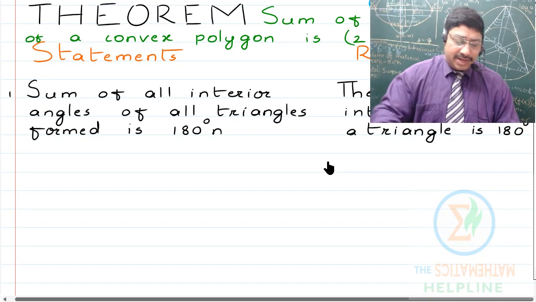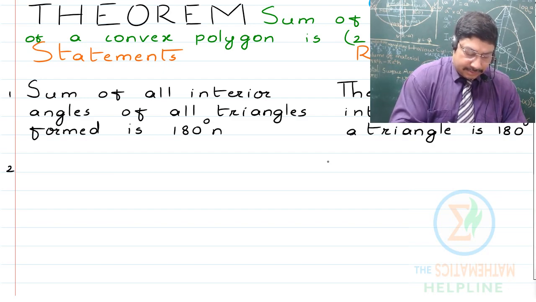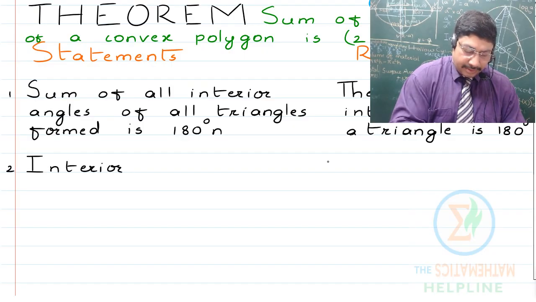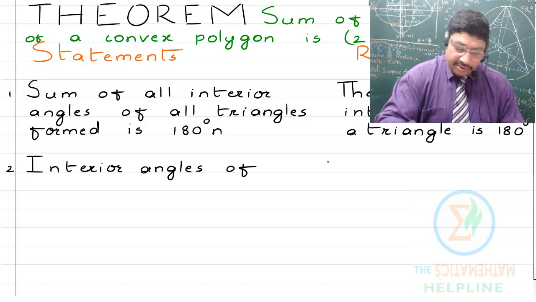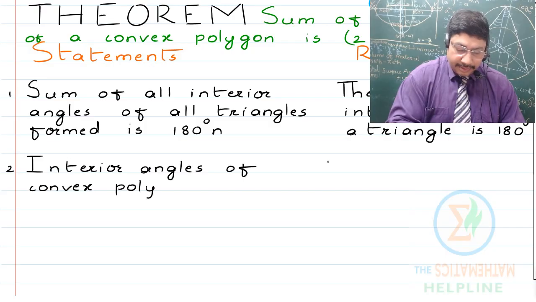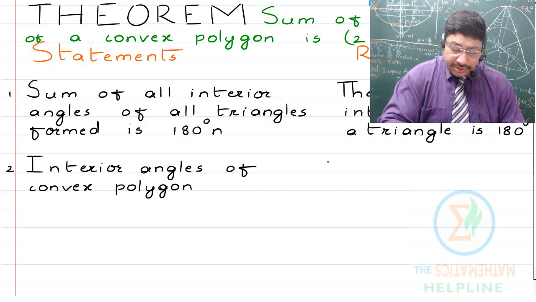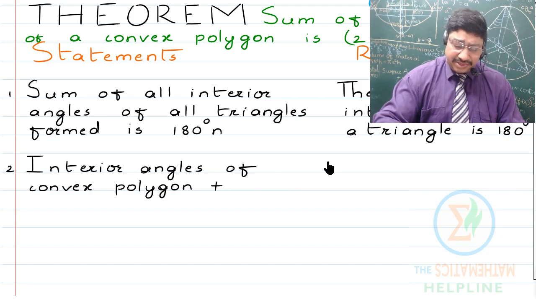So this is what is going to be our next statement, that is, interior angles of convex polygon, to which we are going to add 360, then we state the reason, plus 360, right?